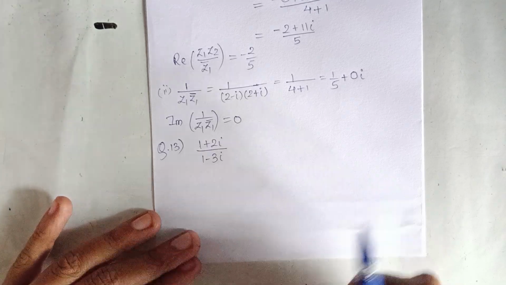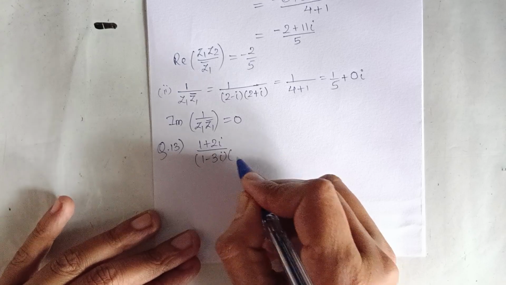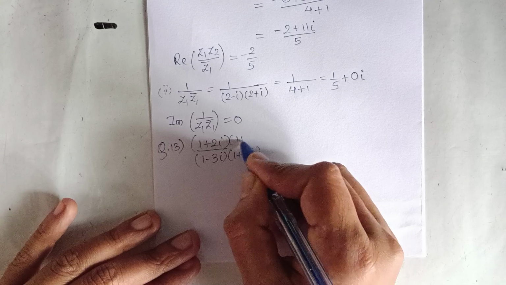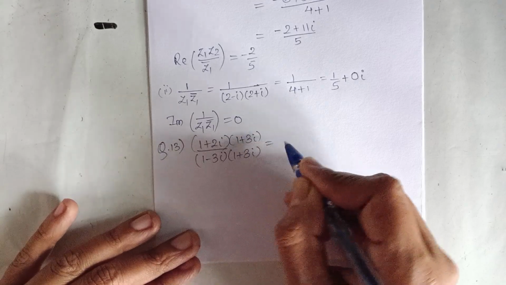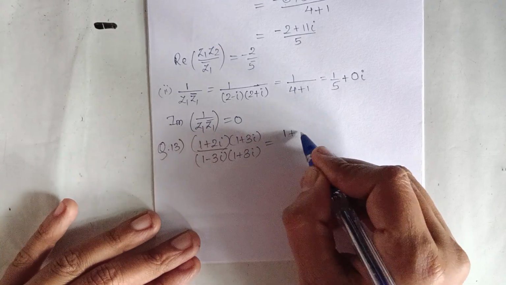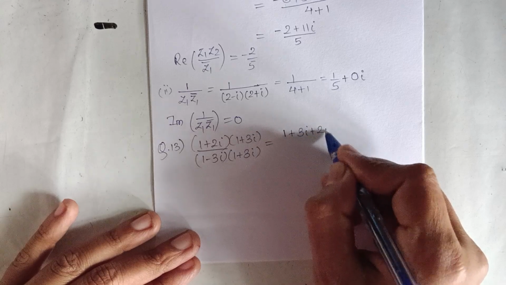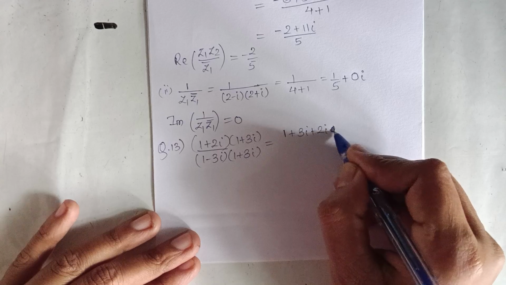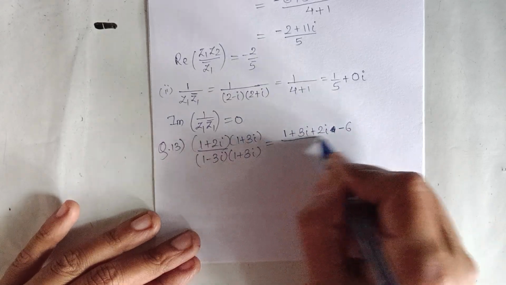modulus and argument. Okay. So first you have to write it in the form a plus ib. Minus 6.